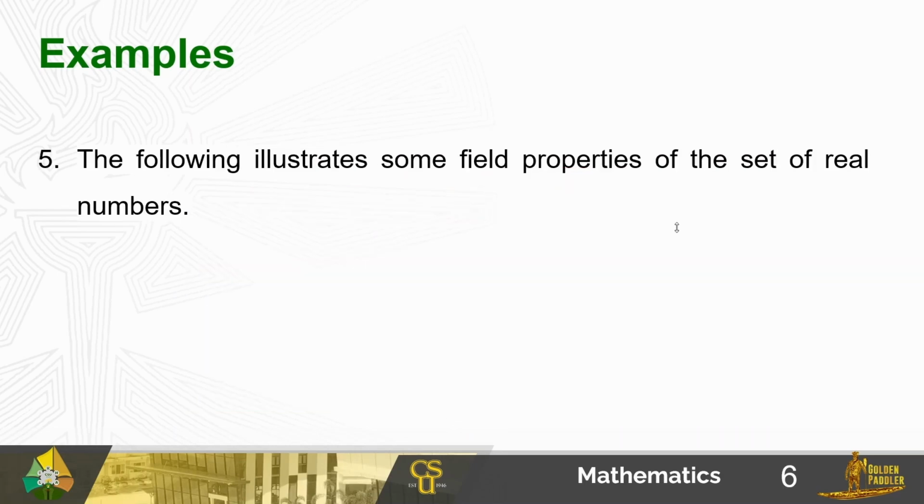Now for the fifth example, let's try to determine what field property illustrates the following. First, if you have 3 plus the quantity 7 plus -2, that is equal to the quantity 3 plus 7 plus -2. Again, determine what field property of real numbers illustrates this given. Okay, you're correct.